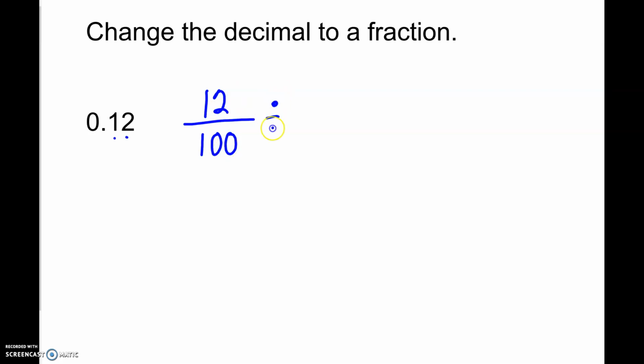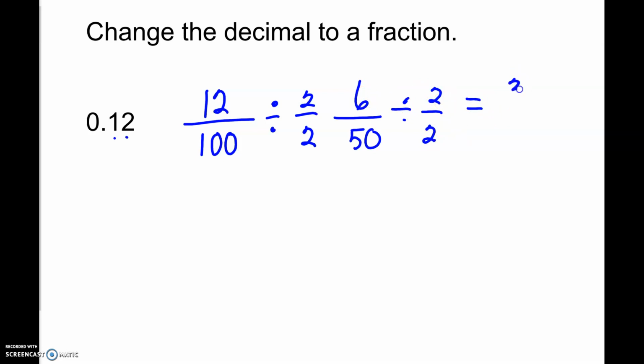Now we always want to simplify or reduce, and so we've got a 12 and a 100. Some of you are saying, well, that's even, so we can divide it by 2. 12 divided by 2 is 6. 100 divided by 2 is 50. Well, if we look, 6/50, that is still even, so we can divide by 2/2 again. So 6 divided by 2 is 3, and 50 divided by 2 is 25.